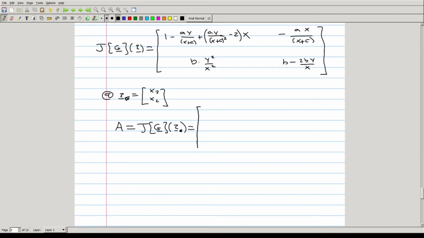And this simplifies a little bit. The first term becomes 1 minus ax2 over x2 plus c, plus ax2 over x2 plus c squared, minus 2 times x2.